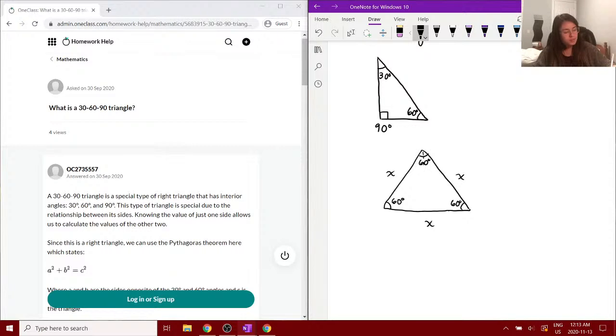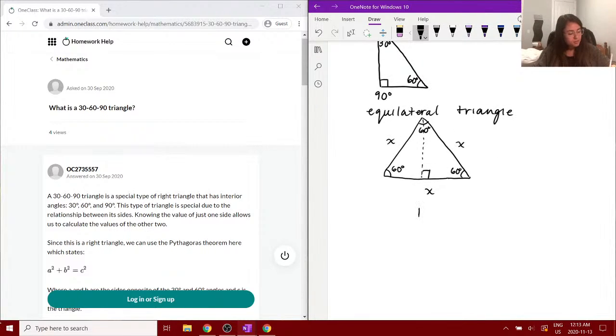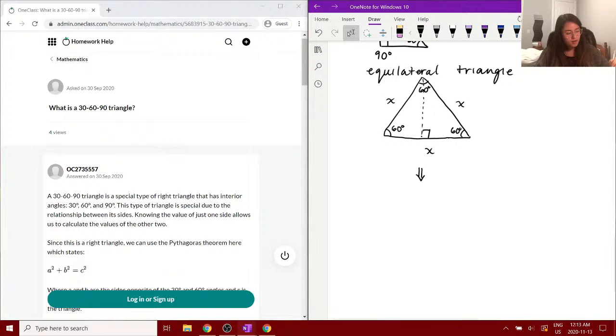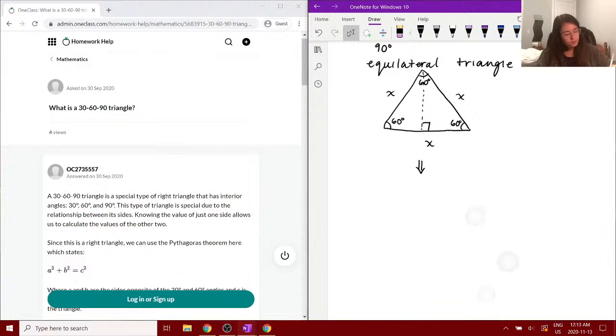Let me just label it here, equilateral triangle. If we were to split this equilateral triangle down the middle so that there is a 90-degree angle with this intersection and the bottom of the equilateral triangle, then we would be able to get our 30, 60, 90-degree triangle, the one that I said before, right?